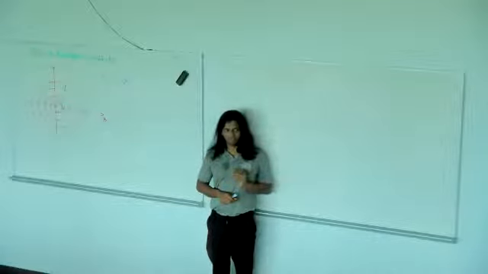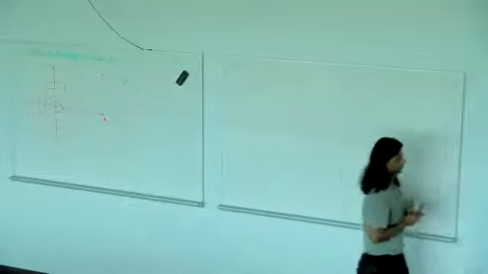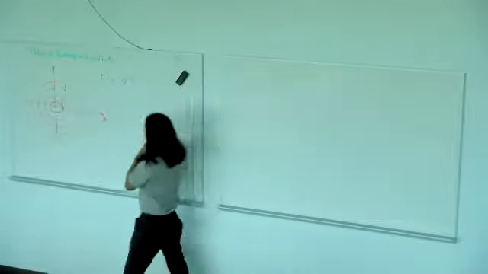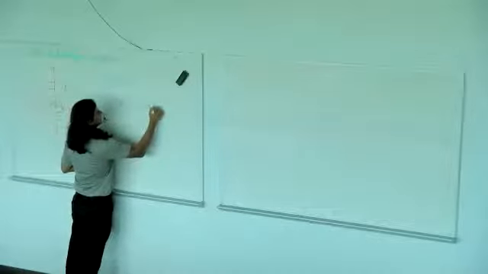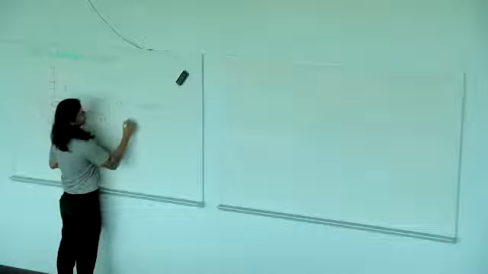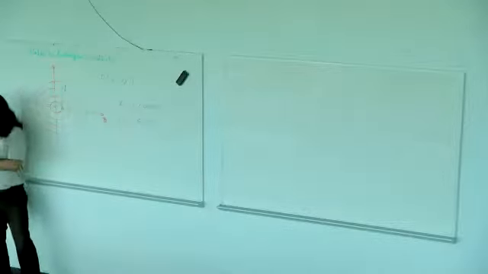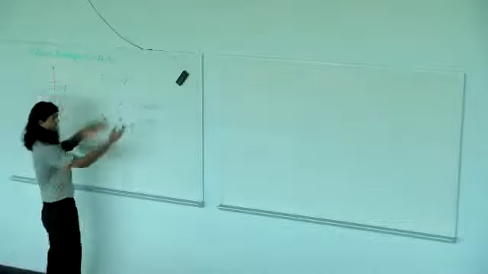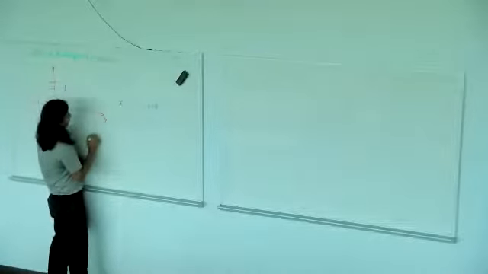It's pretty straightforward. x is equal to r cosine theta, and y equals r sine theta. And that's what we use to go from polar to rectangular. So that has to play a role.